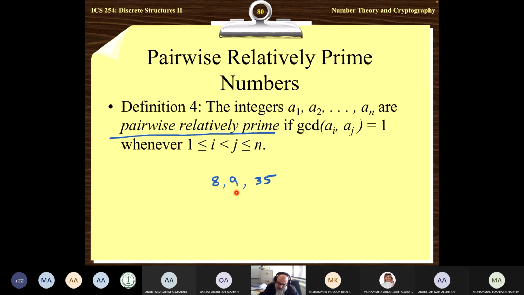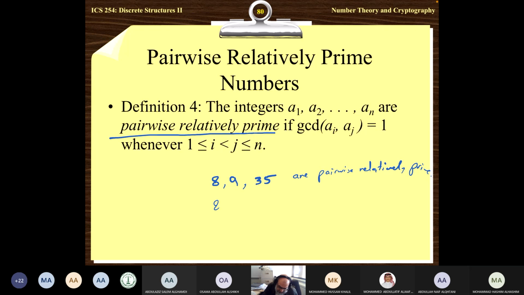What is the greatest common divisor between 9 and 35? Also 1. What's the greatest common divisor between 8 and 35? Also 1. So they are pairwise relatively prime. Okay, so this is the definition of pairwise relatively prime.